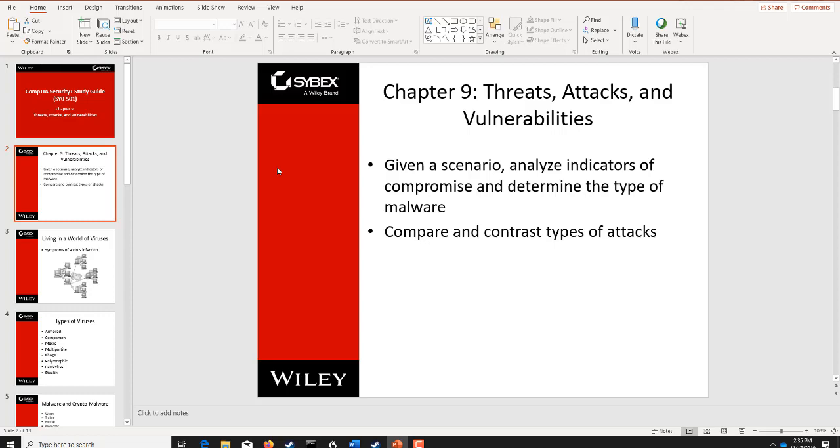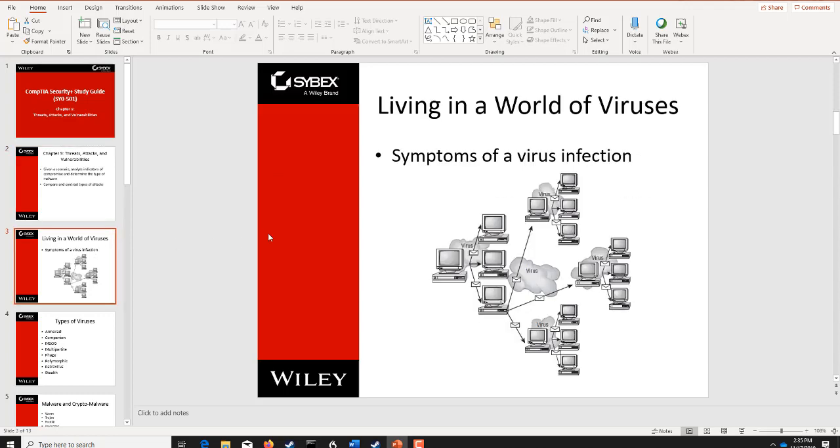But for the Security Plus certification, you have to be aware that they're going to give you questions in regards to analysis of how a system gets compromised, and malware is one of those attack vectors that has to be analyzed. So we're going to compare and contrast the different types of malware attacks.